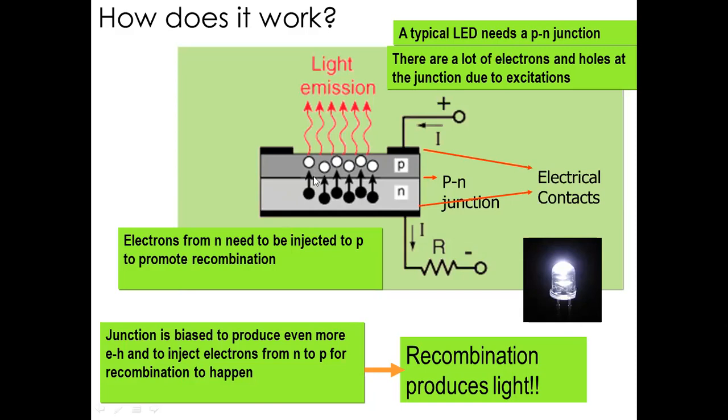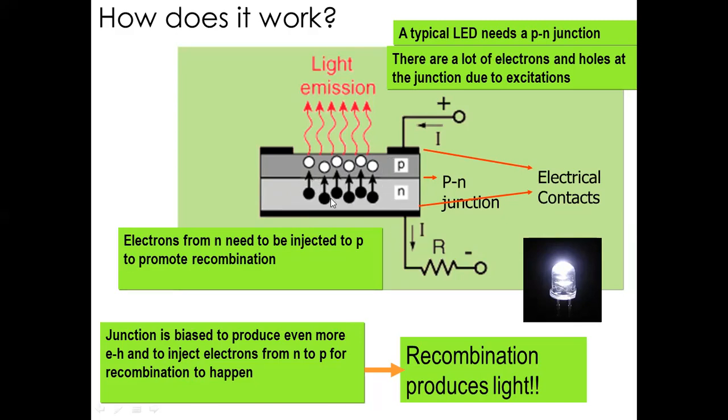The holes try to come towards this side, but electrons try to go to the P region. So the electrons are injected into the P layer. In between this process, electron-hole pairs will occur. Then the final direction of the current is from the positive to the negative.